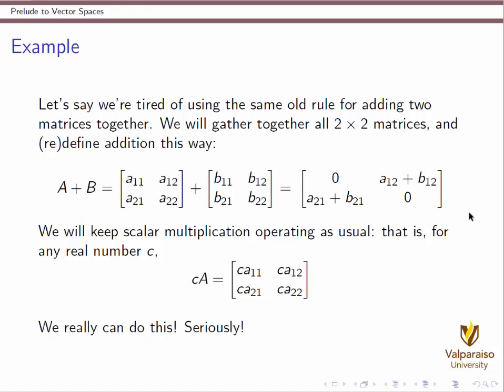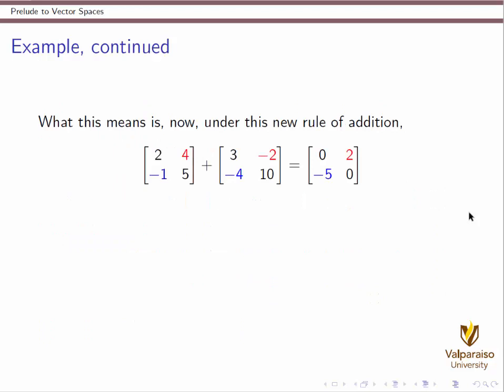All right, so now we have a new system. We've gathered 2x2 matrices and we've defined what we're going to refer to as addition and scalar multiplication. It's a little bit different than what you've defined it as before, but it's still perfectly okay to do this. Here's a specific example, right? Now we're going to add these two 2x2 matrices together, and in the new result, again, the diagonals just automatically become 0, and then the components still add up off the diagonal the way they used to.